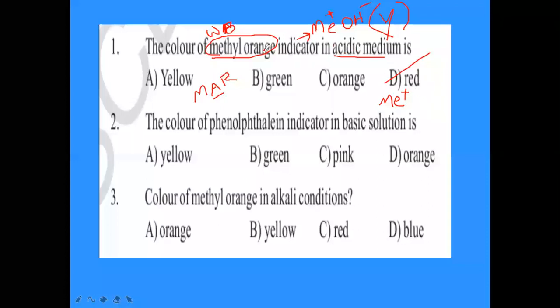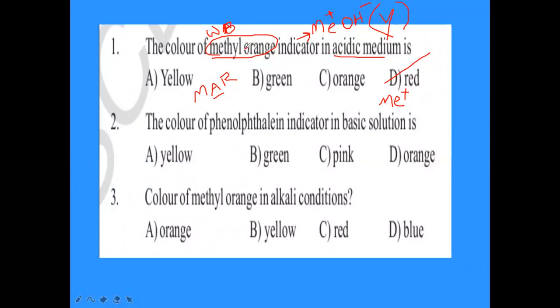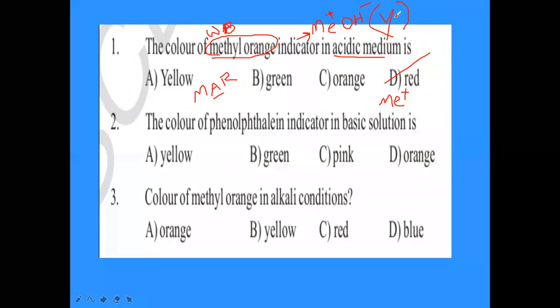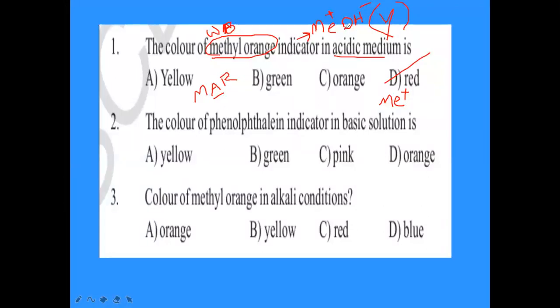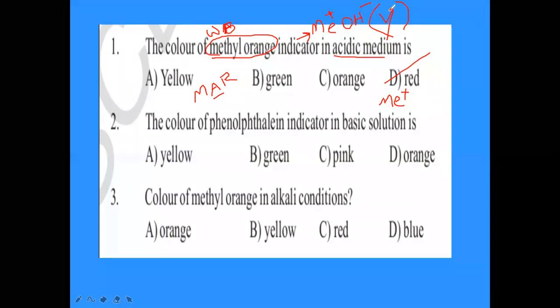By methyl orange. Okay, suppose you add drops of methyl orange to any basic solution, does methyl orange dissociate into cation and anion? No, it will not dissociate. It will be in the form of molecule, and that is why the color of methyl orange in basic medium will be yellow only.